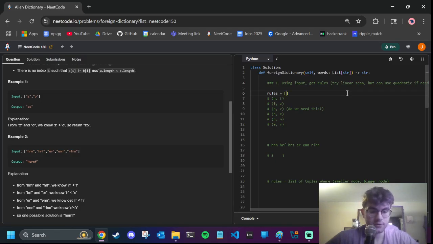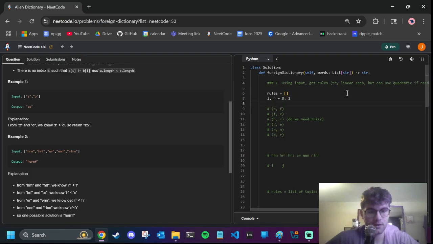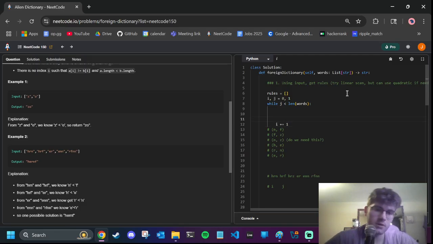We'll have rules, which is a list of tuples. It's basically the edges. And we'll have i and we'll have j. And then while j is less than length of words, each one is going to go up by 1.